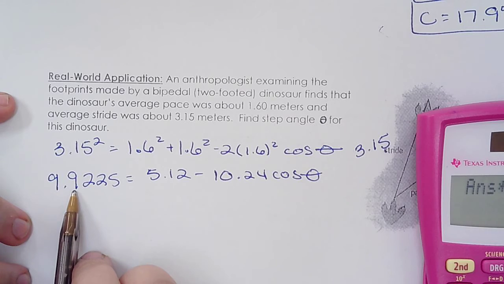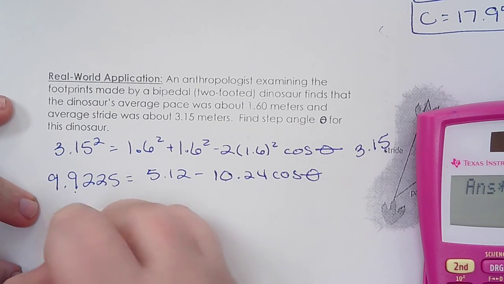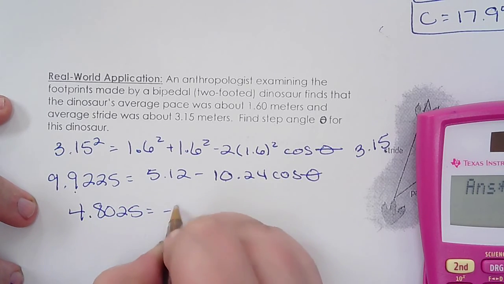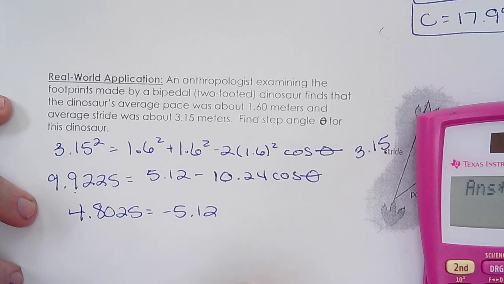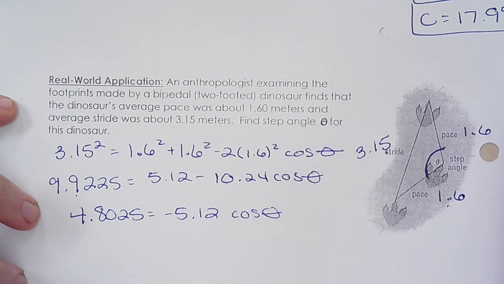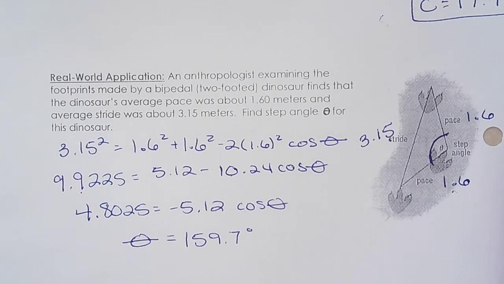Simplify it, move it over, divide by 10.24, and then do the inverse of cosine. So I get 4.8025 when I subtract it over. Then I would divide by that 5.12 to get cosine theta by itself. And then when I plug it in, I end up getting theta equals 159.7 degrees.